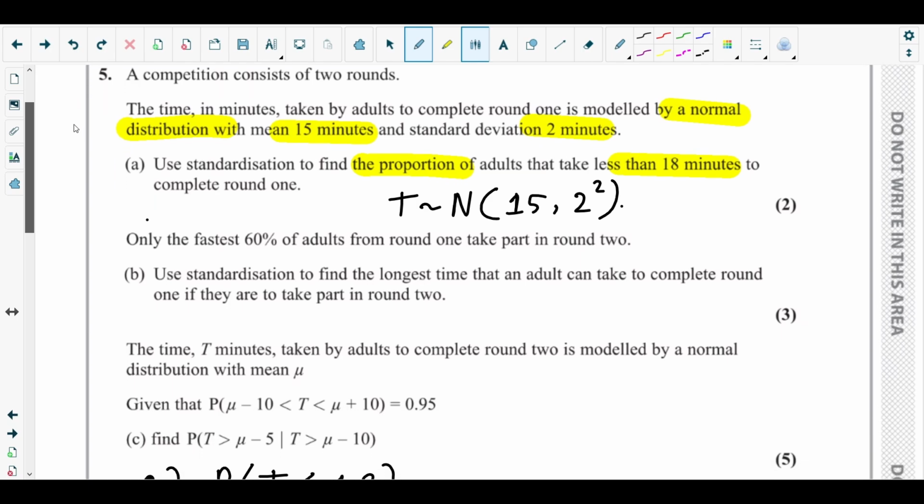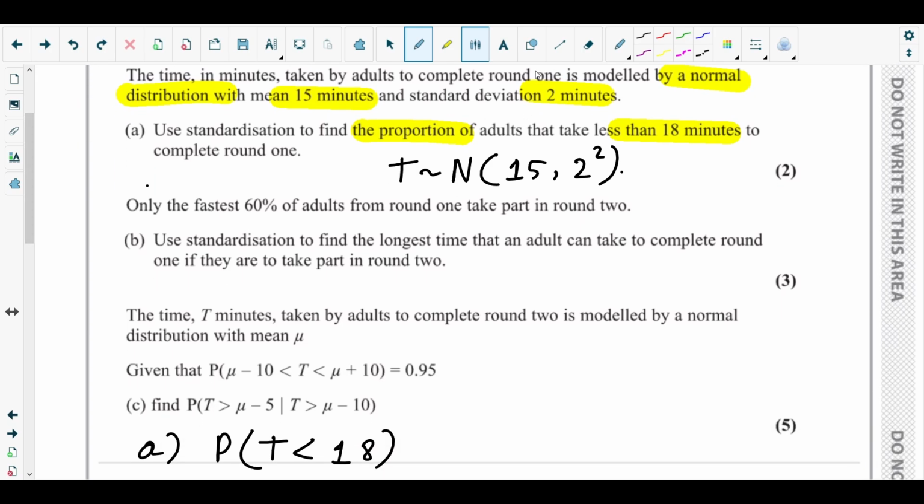Next, for part B, they are saying only the fastest 60% of adults from round 1 take part in round 2. So only the fastest 60% can get into round 2.